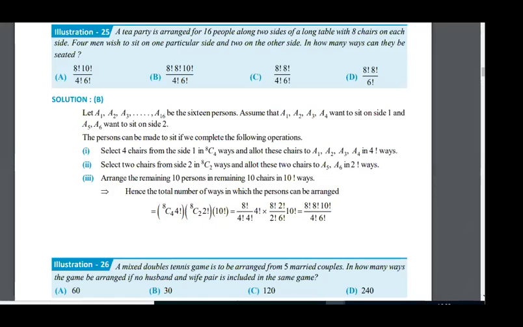Read question 25 first. Okay, I'm getting answers. Very good, everyone.